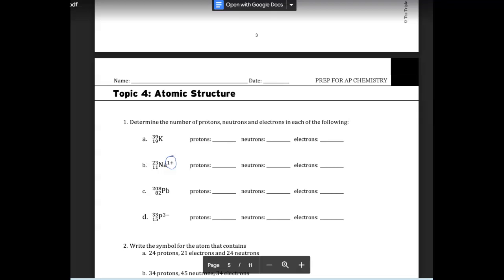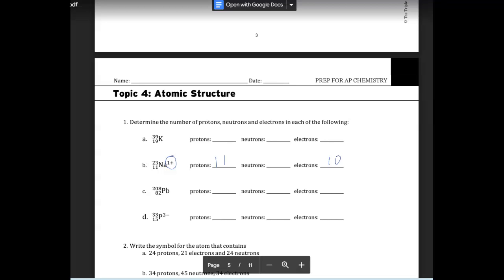And that +1 charge means there is one less electron than protons. So here I've got 11 protons because that atomic number is 11, but I only have 10 electrons, because that electron deficit, that one electron that we don't have, is leading to this +1 charge.